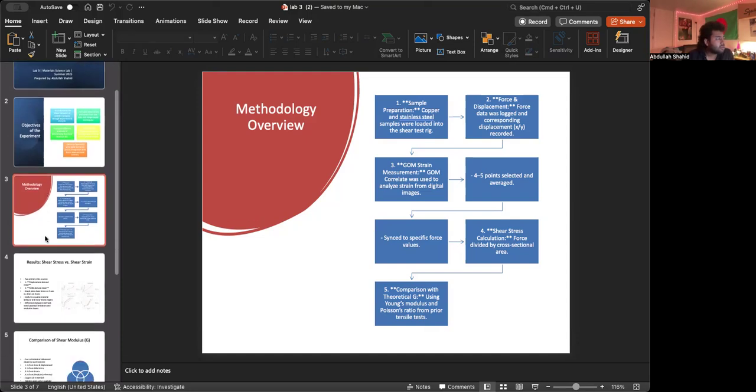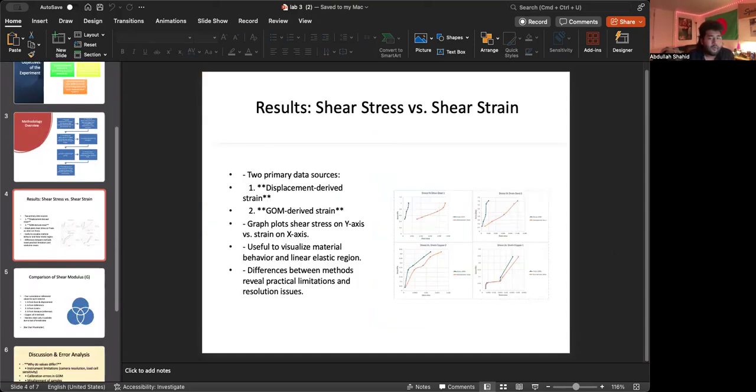Let's go to the next slide. The graphs on this slide show the shear stress versus shear strain for both the displacement-derived and GOM-derived strain. On the y-axis, we have shear stress. On the x-axis, we have strain, as usual.